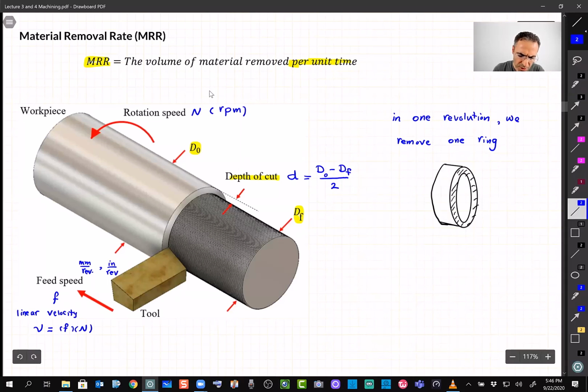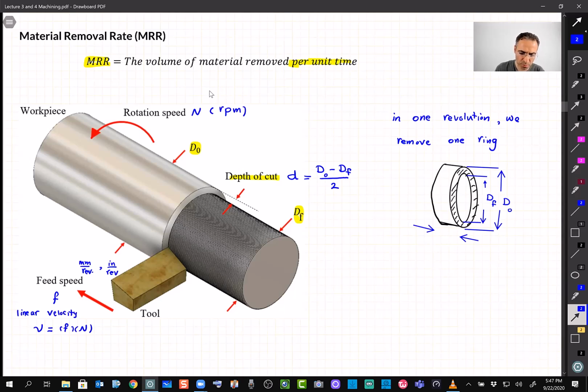So in this image, we know that for this ring, let's say this is the internal diameter, which is Df, and this guy is the D0, right? So what is the thickness of this ring? Well, because we said 1 revolution, and our feed is f, this distance must be f millimeters or f inches.